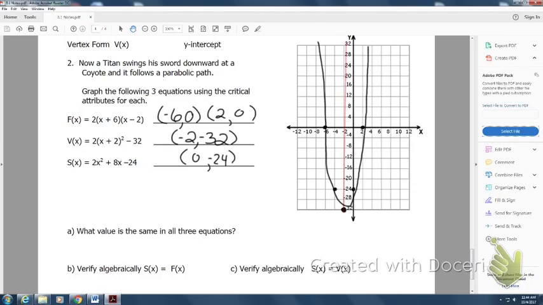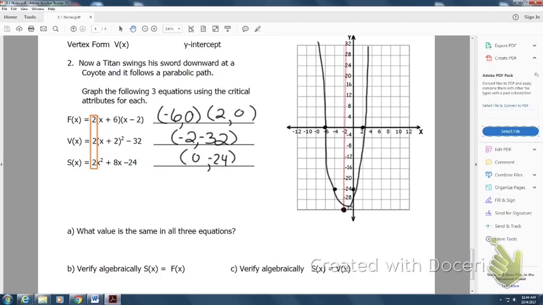Somebody tell me what value is the same in all three equations? Okay. Not necessarily the x, but just the 2. And I know on the homework there's going to be some problems where you're going to have to find that a value.